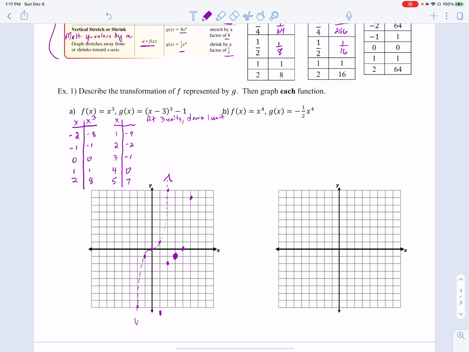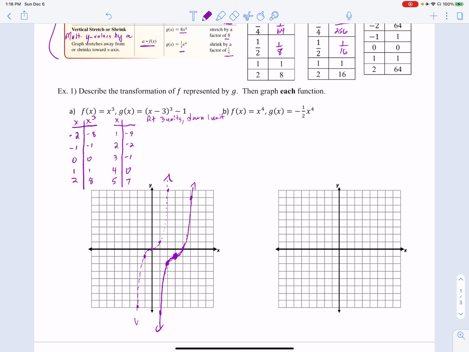But right at this 3, -1, you need to know that there is that change in concavity, because that's the 0, 0 being moved. So it's concave down to the left and then switches to concave up as we move to the right. Scooped down to the left and scooped up to the right of 3, -1. So you should have some exact points listed in a table on those, applying the transformation.